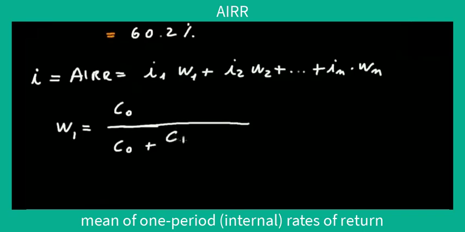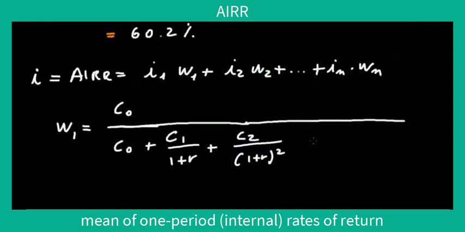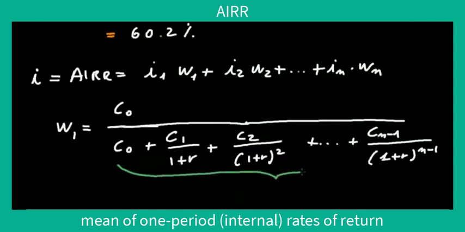So C0 plus C1 discounted by one period plus C2 discounted by 2 periods, and so on, until the last capital invested at the beginning of the last period, C of n-1, discounted by n-1 periods. We can also denote this total capital with the symbol PV, present value of the capital.